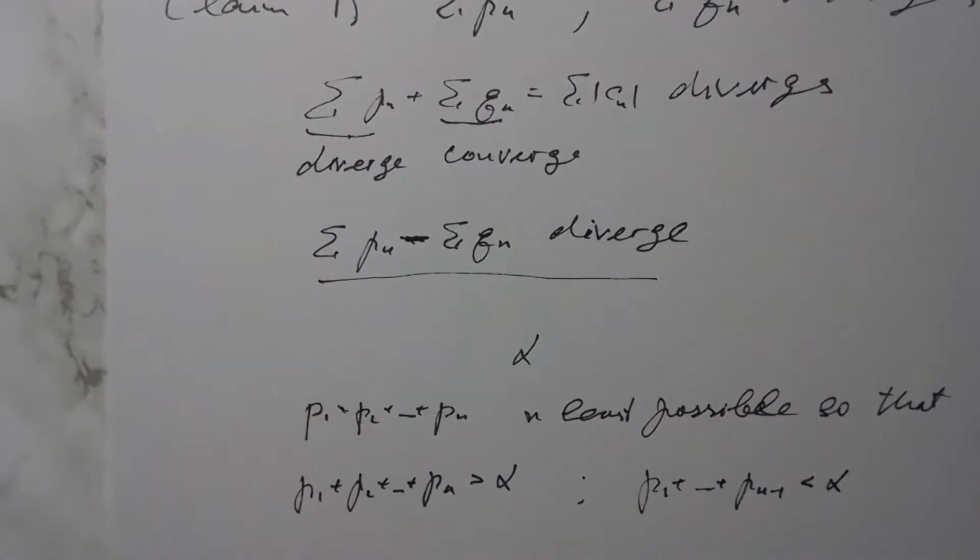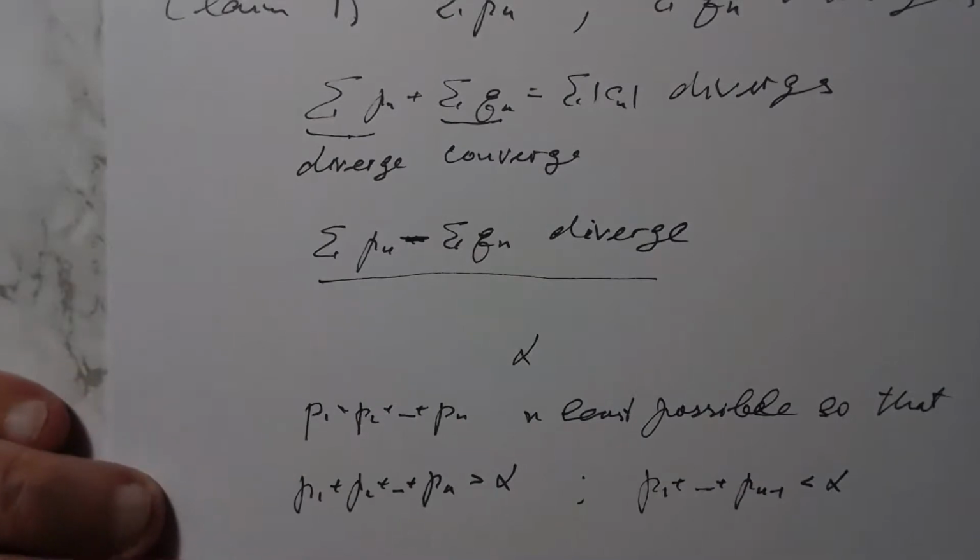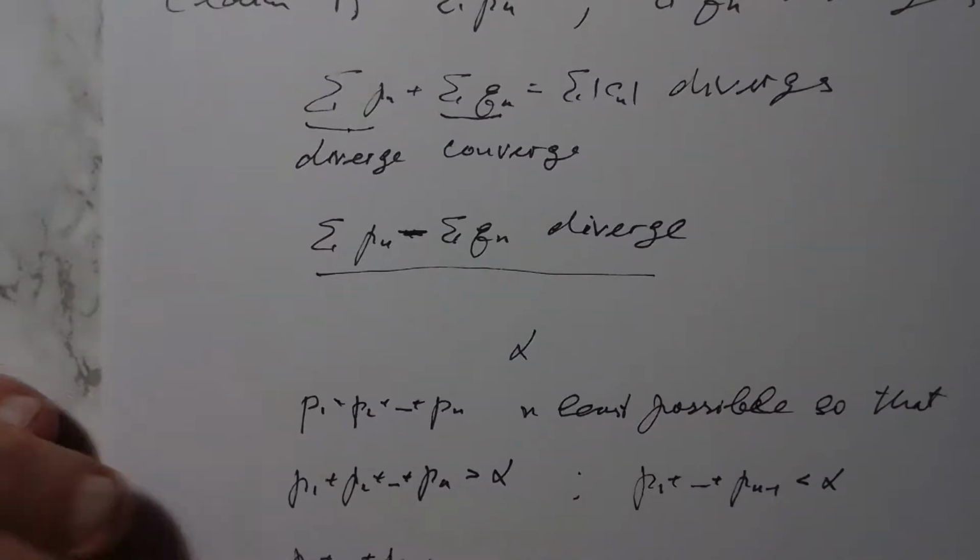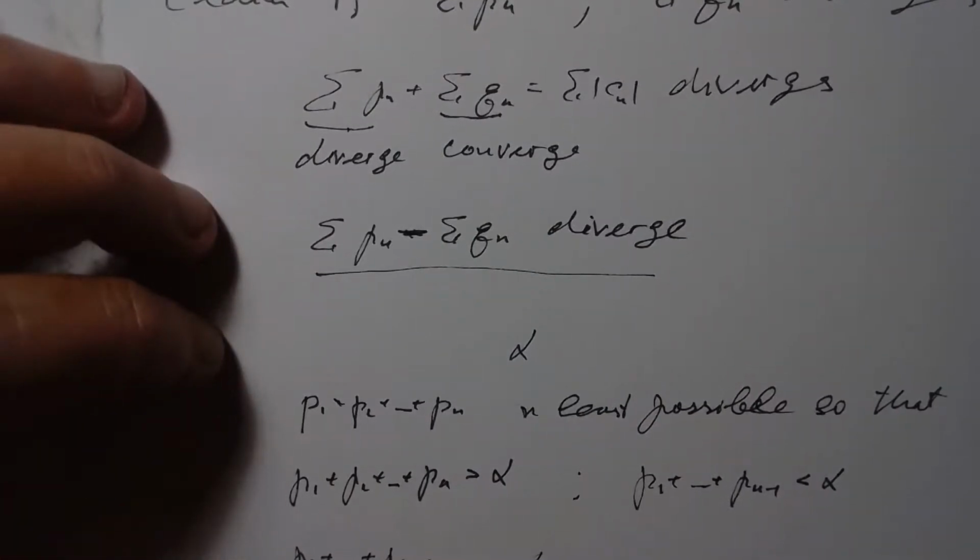And so my conclusion will be that the difference between this sum and alpha will be less than Pn. So P1 plus etc. plus Pn minus 1 is less than alpha, and this is greater than alpha. So the difference between alpha and P1 plus etc. plus Pn is less than Pn.